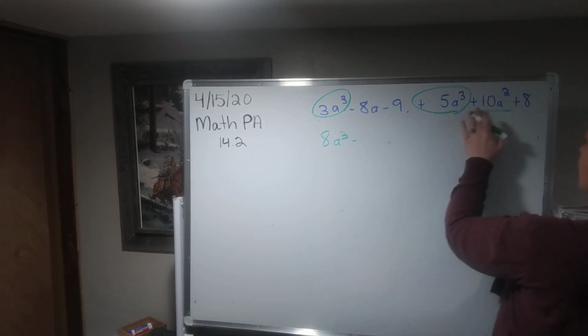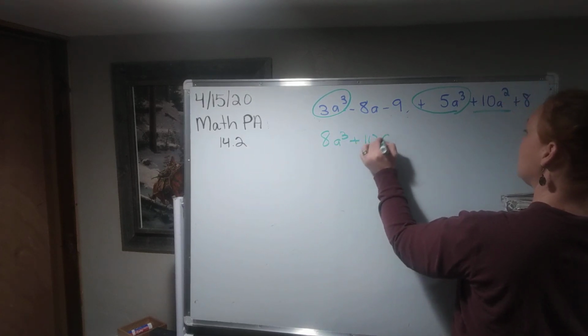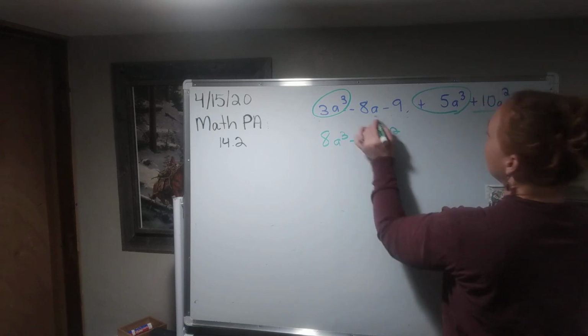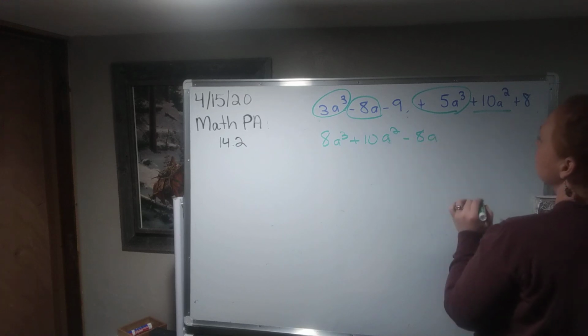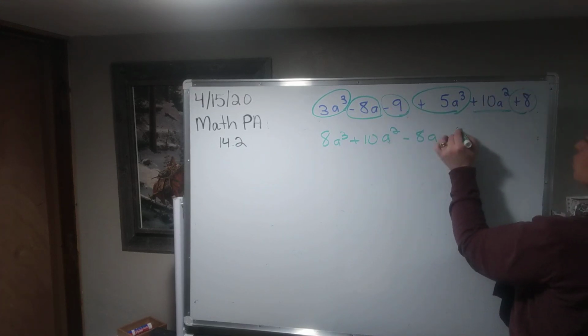That's just a. This is an a squared, so it doesn't have anything else, plus 10a squared. Let me make sure I wrote that down right. I did. Then I have my a, which is minus 8a. Then I have these two numbers left, so minus 1.